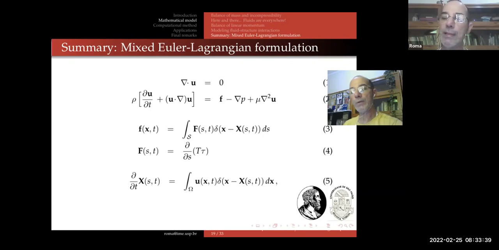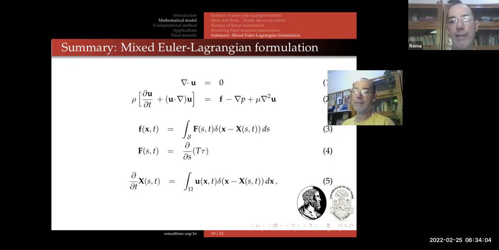This F is the force that the elastic fiber exerts on the fluid. The elastic fiber is seen as if it were a pure force generator. Since it doesn't have any mass, remember that this is a mathematical hypothesis that we assumed before, right?